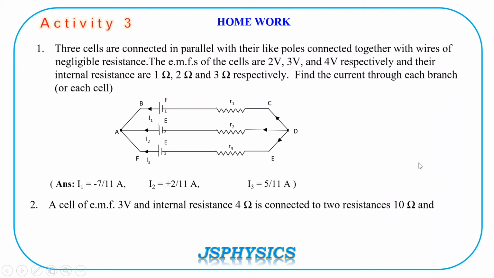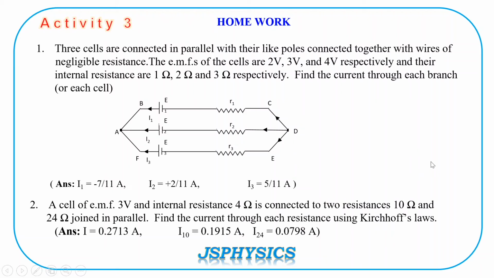Second activity: a cell of EMF 3 volt and internal resistance 4 ohms is connected to two resistances, 10 and 24 ohms, in parallel. You have to find the current in each resistance using Kirchhoff's law. First you will redraw the circuit, draw the circuit diagram, and assume the value of the current.